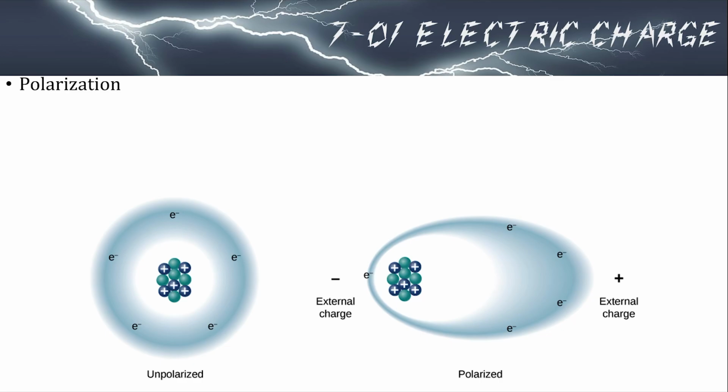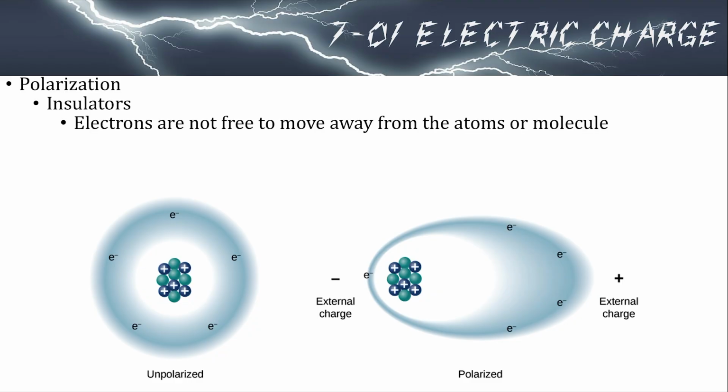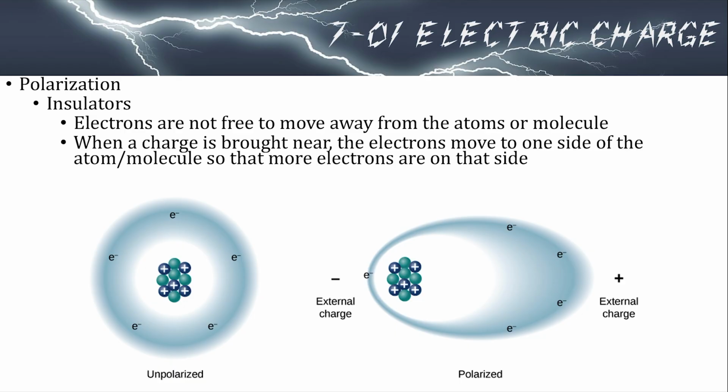We can also polarize atoms in insulators. The electrons are not free to move around. They are stuck with that atom. The nucleus holds on to the electrons very tightly. But when a charge is brought near, so we have this negative external charge, it's going to repel the electrons in that atom to the other side.